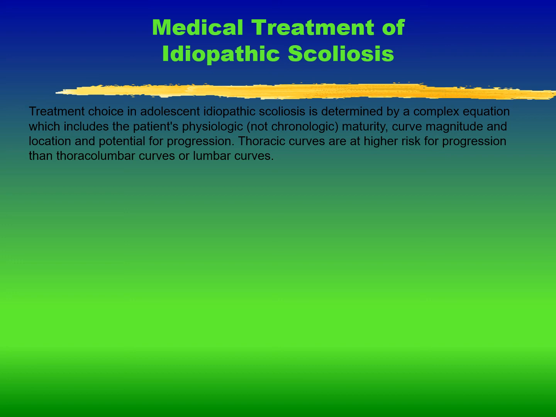The choice of what type of correction they may want comes down to many factors. Like I say here, it includes a psychological factor. What's the maturity of the patient? What's the magnitude of the curve? What's the potential or the actual progression of that curve? How aggressively is it moving forward?